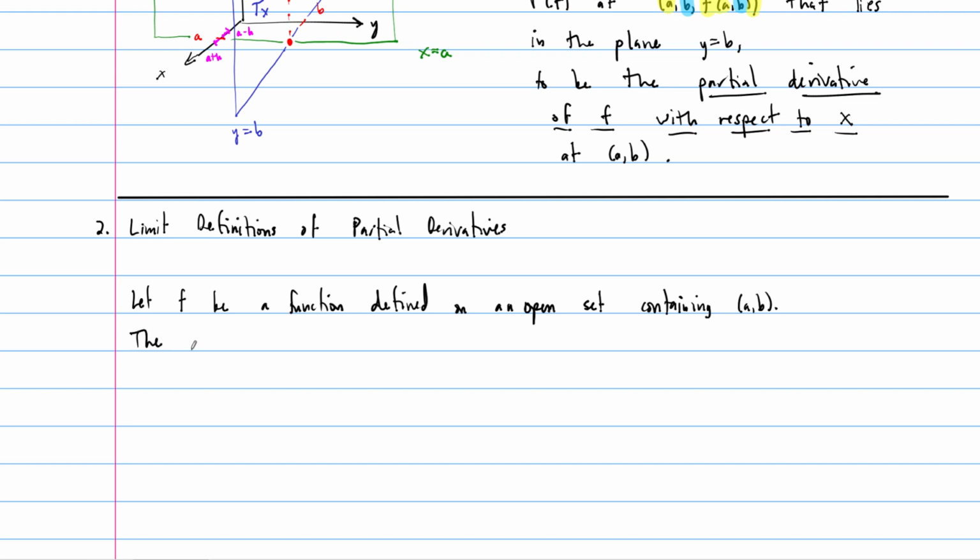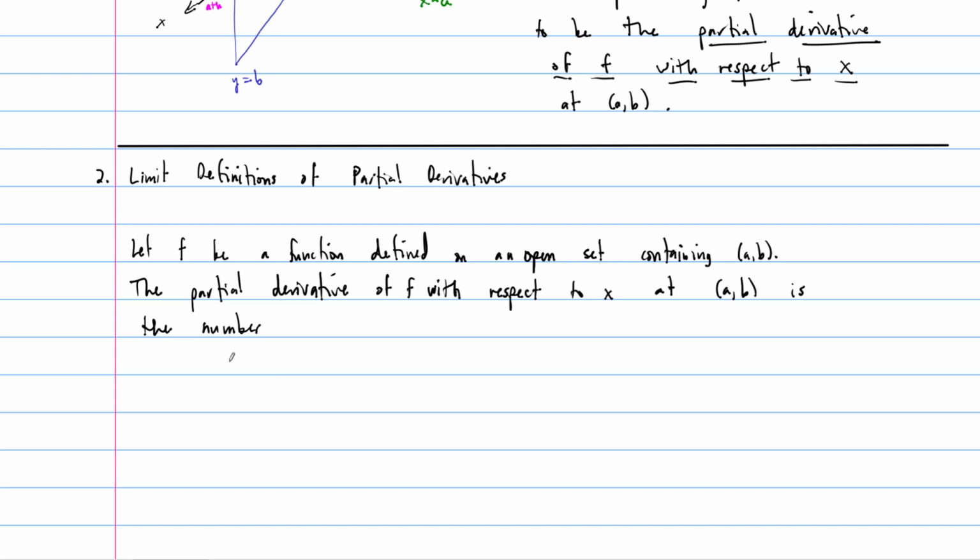Then the partial derivative of f with respect to x at this point (a, b) is the number given by the following.